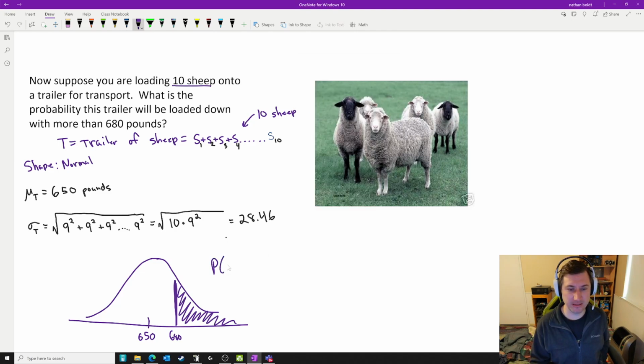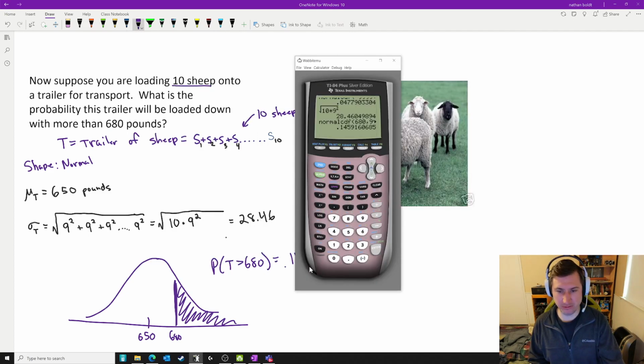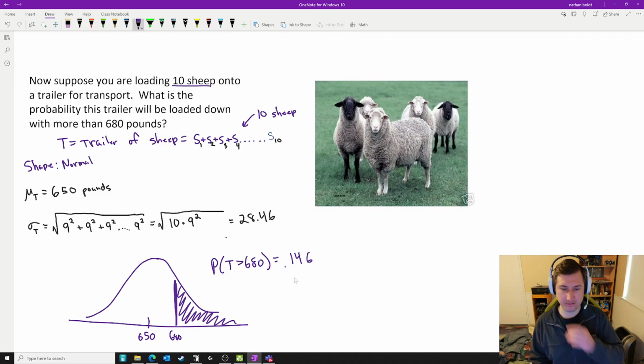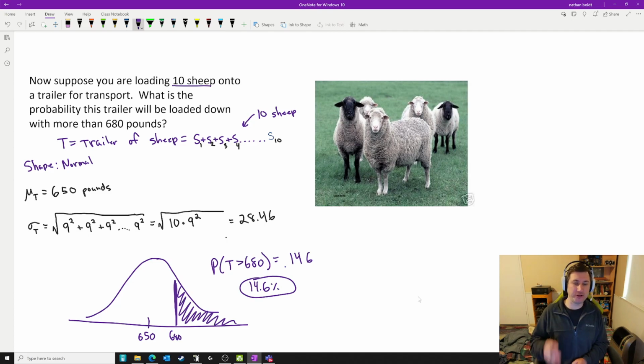The probability that my trailer o' sheep is more than 680 pounds is 0.146. So a 14.6% chance that the trailer is over 680 pounds with those 10 sheep on it.